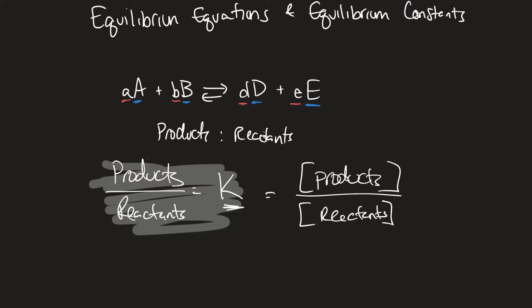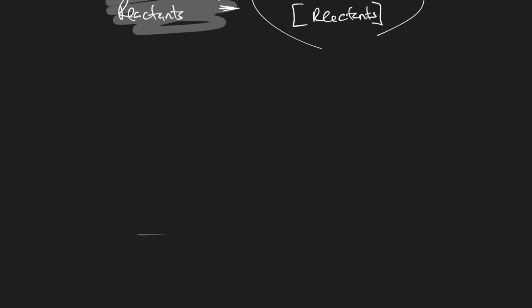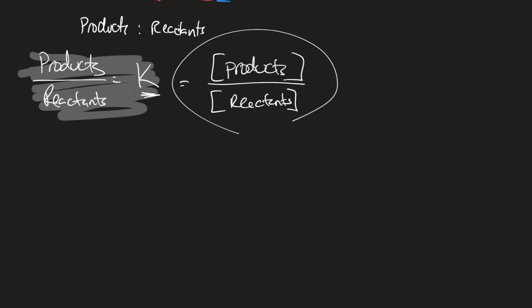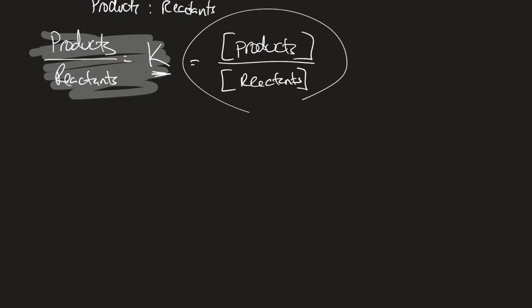So what does this tell us? If you think about it in terms of a fraction, because that's essentially what this is, then depending on what K is, you can tell whether the equilibrium is reactant favored or product favored. If K is greater than 1, the equilibrium is product favored.